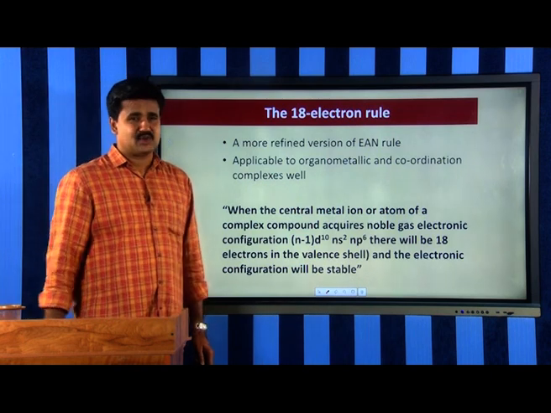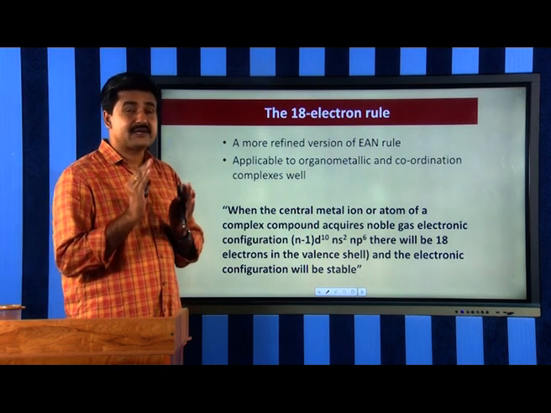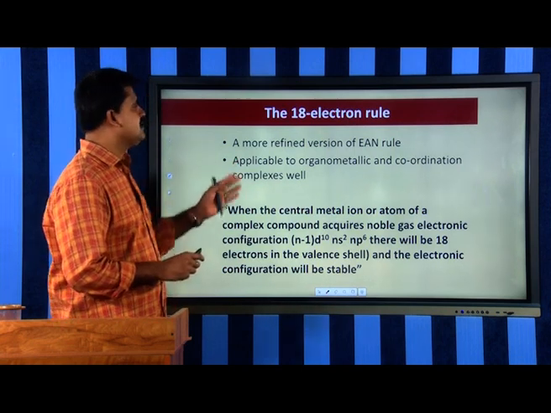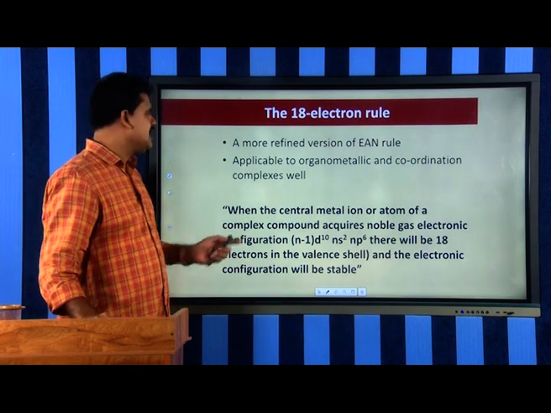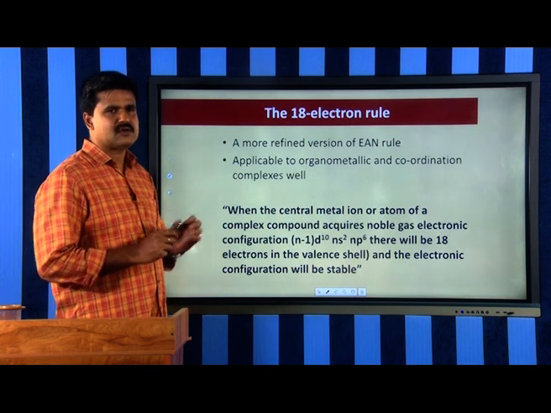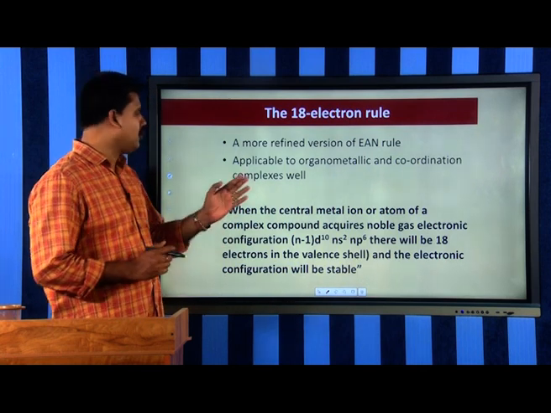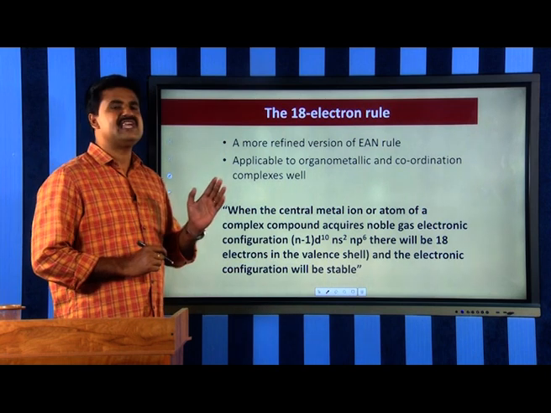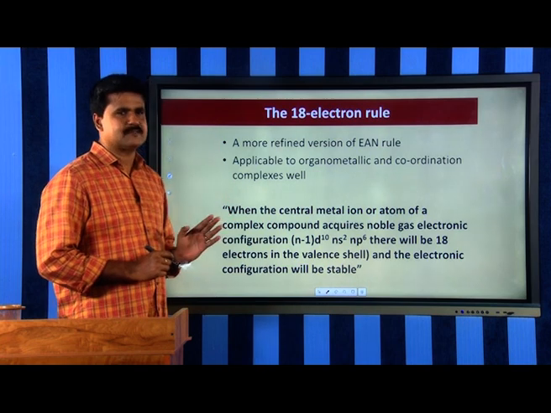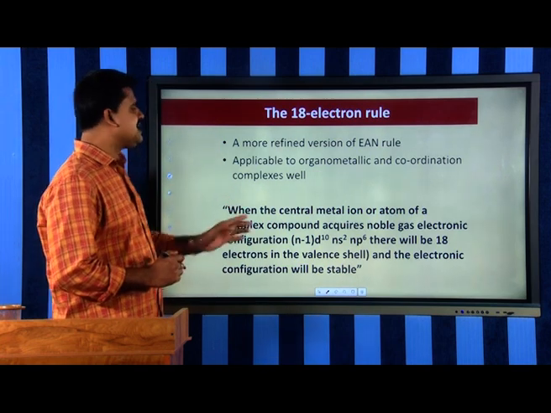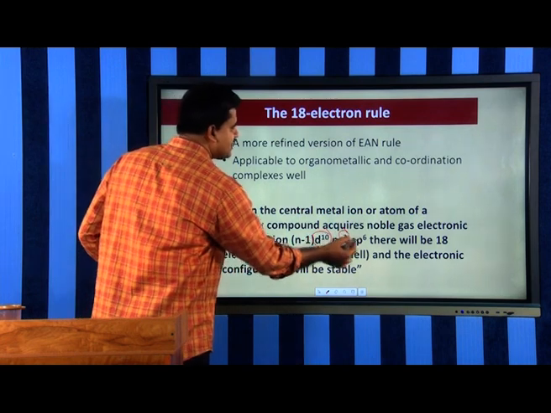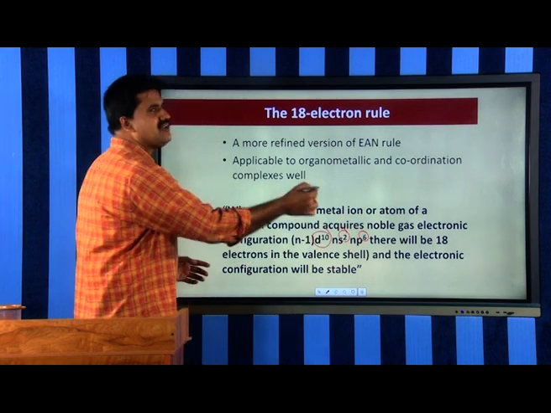The 18 electron rule is a more refined and advanced version of the EAN rule. According to the 18 electron rule, when the central metal ion or atom in a complex compound acquires the noble gas electronic configuration (n-1)d10 ns2 np6, there will be a total of 18 electrons. See, this 10 electrons, 2 electrons here and 6 electrons, having a total of 18.